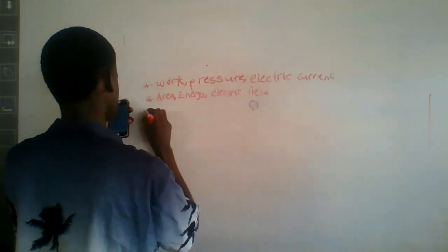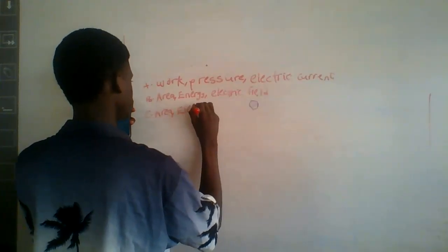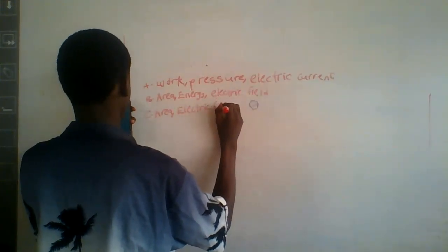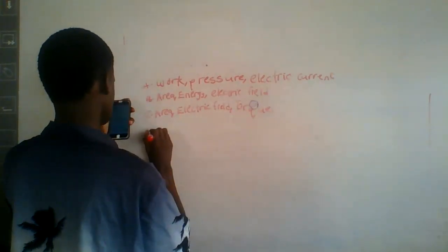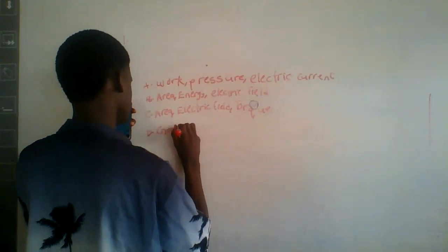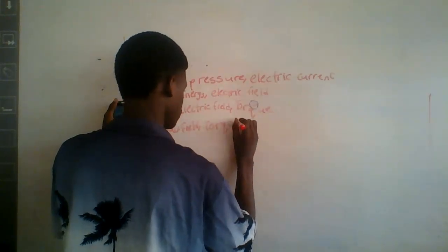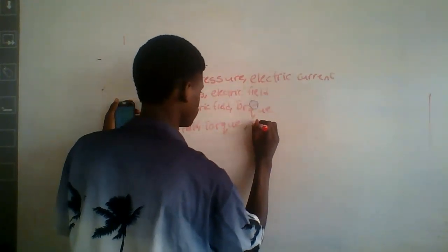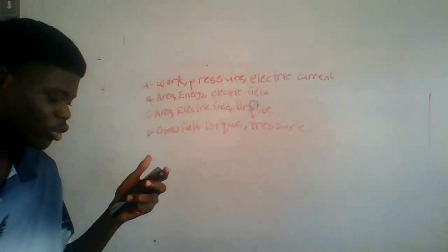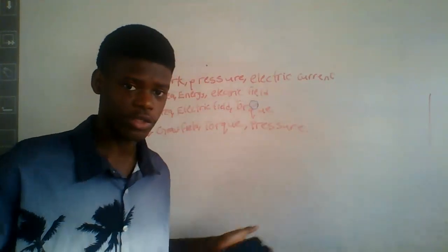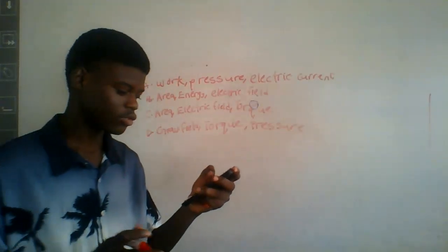Option C says area, electric field, and torque. And option D, gravitational field, torque, and pressure. So they say which of these options has only vectors. So we are looking for the option that has only vectors, just vectors.